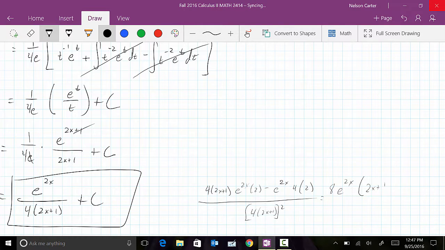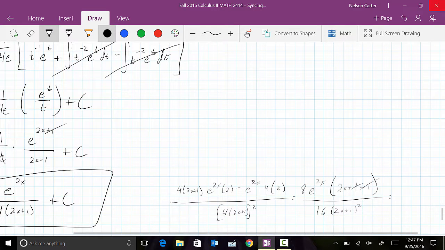You'd be left with 2x plus 1 minus 1, all divided by 16 times 2x plus 1 all squared, and then that adds together to get nothing, and you're left with e to the power 2x times 2x all divided by, and this 2 and this 8 make 16. So I'm going to erase that 2 and just call this x, and the 16 is gone, and you get 2x plus 1 all squared. And I think that's what we had.